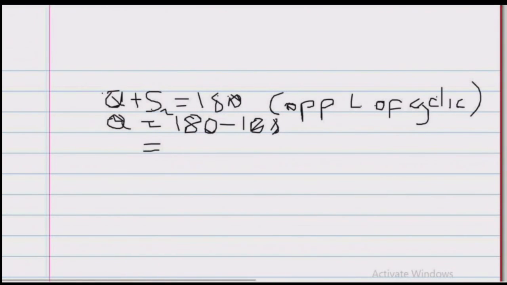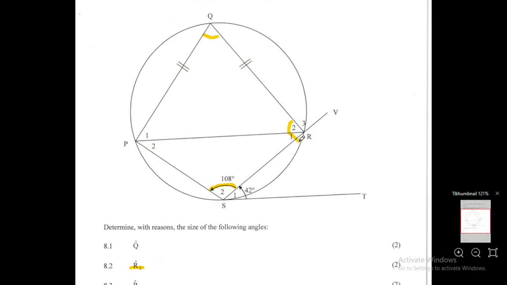Moving on to 1.2, they need to find the size of R2, and this angle here is my R2.